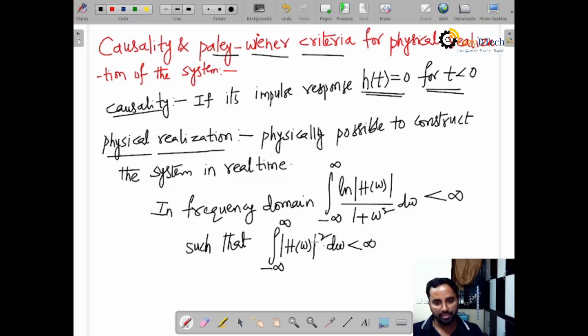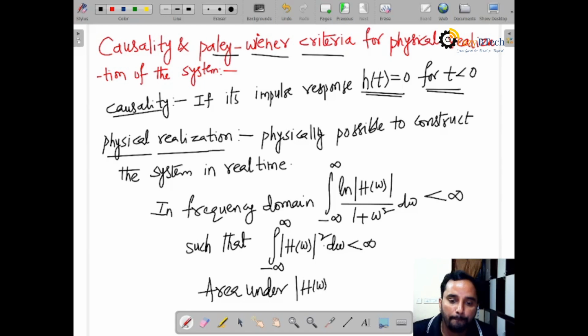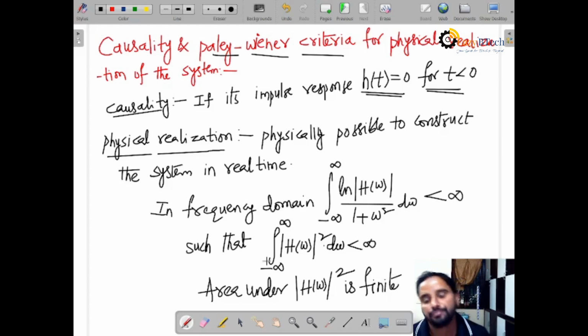Integration is the area. So the area under magnitude of h of omega square is less than infinity, meaning finite. So this is the condition in frequency domain.